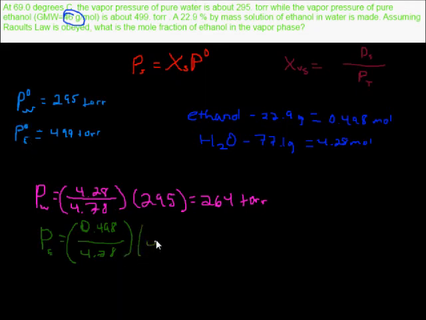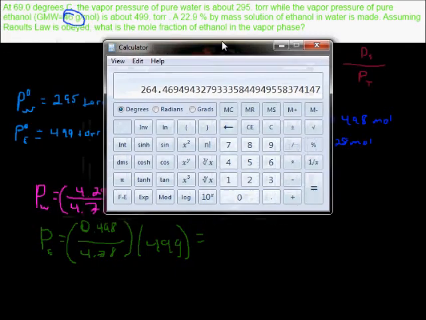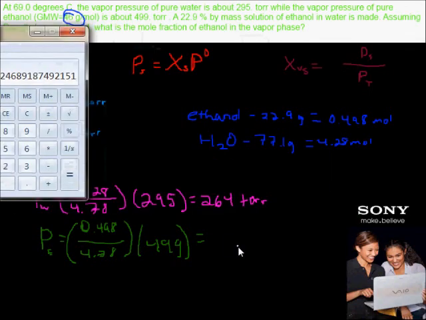Standard pressure is 499. Remember, these are partial pressures up there. Divided by 4.78 times 499. Well, that equals 52.0.